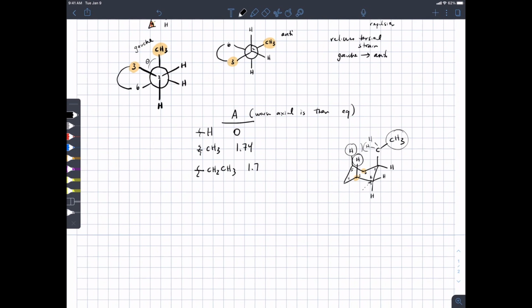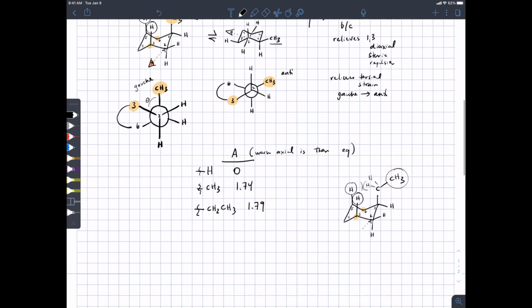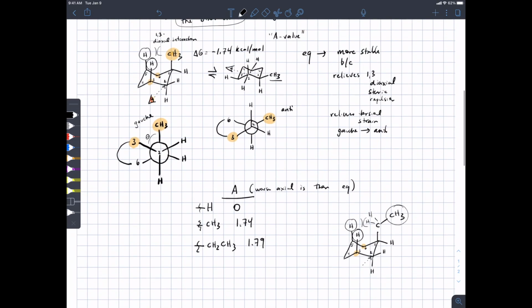And when you go to ethyl, it only appears to increase in size by 5 hundredths of a kcal. Someone's asking again, what is the A value?